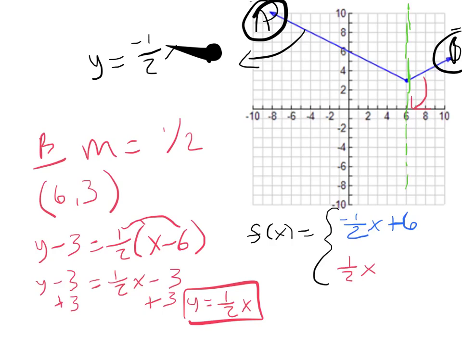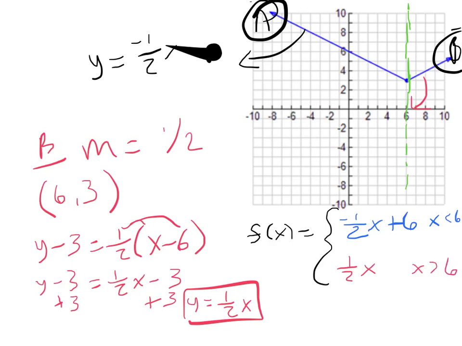So we've got one rule for when we're to the left of 6. That happens to be the rule negative 1 half x plus 6. And I've got another rule that we're going to use when we're to the right of 6, so that's x bigger than 6.